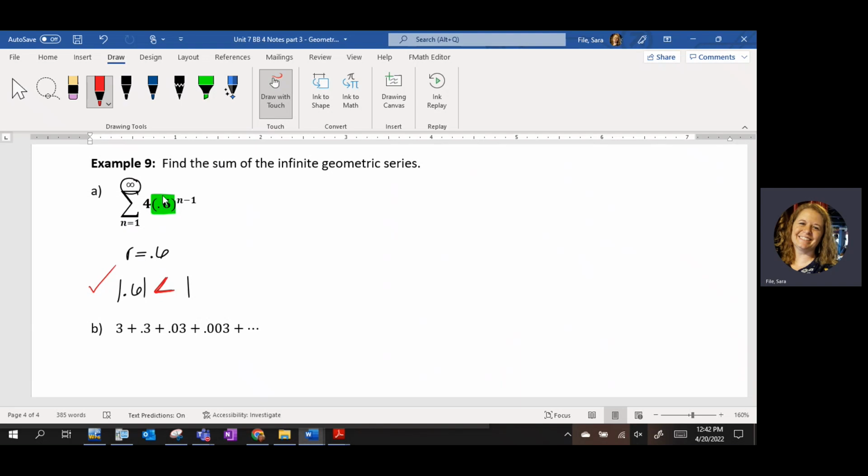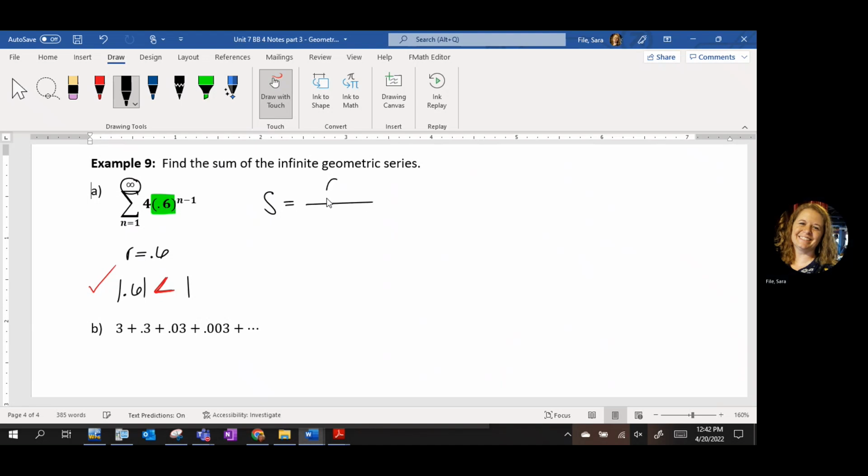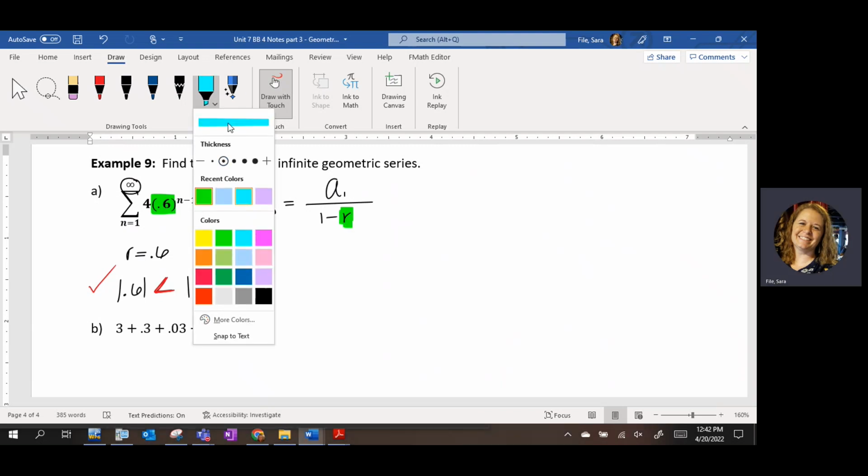Okay, if this r is less than 1, you will be able to find the sum using the formula. And that's not an A, it's an S. Okay, so the sum would be the first term over 1 minus r. So we've got r. What's the first term?